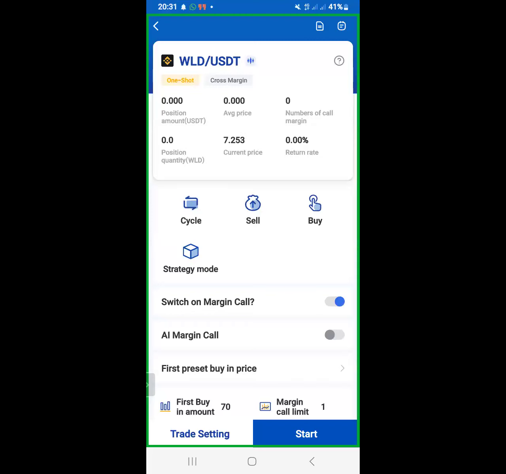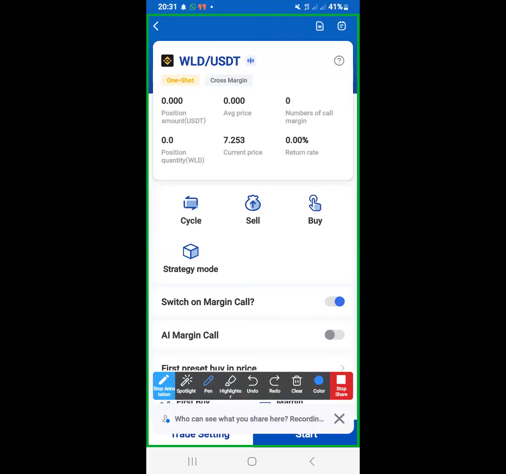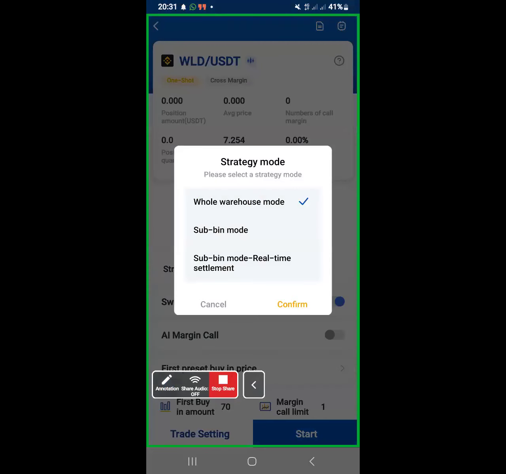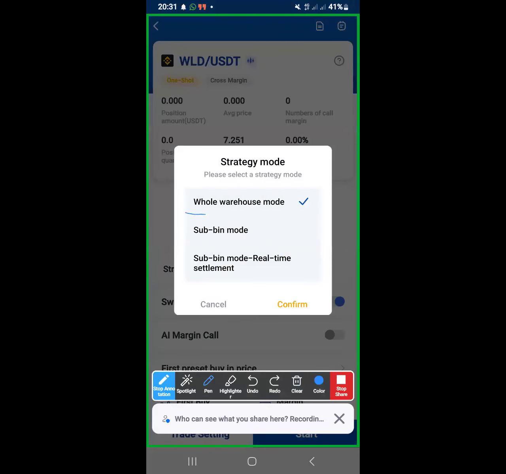Okay. So the sell icon is purposely for that. It is to sell off when you find yourself floating in profit. You can sell off either all or parts, depending on what the strategy mode is. Sometimes you may float in profit and find your strategy mode is in the wall warehouse mode. If your strategy mode is on this here, you are free to sell this coin in percentages.